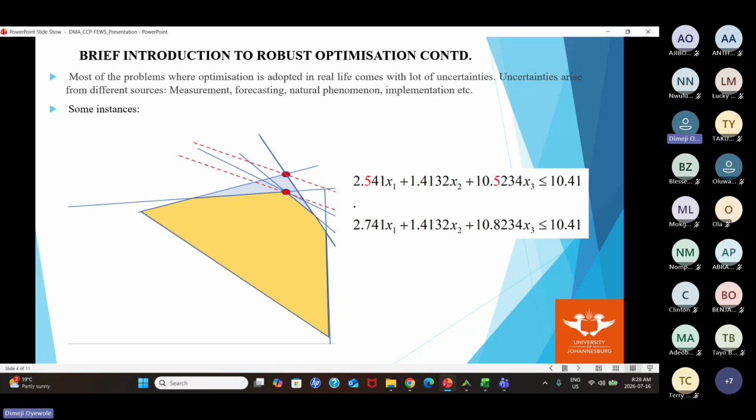And after some time, they do not see that, simply because when they were designing and sizing it, they didn't look at some important considerations such as degradation, the changing value in the irradiation and other things like that. So it's very important that we consider uncertainty whenever we are optimizing.